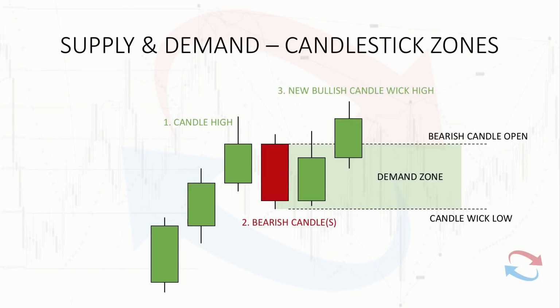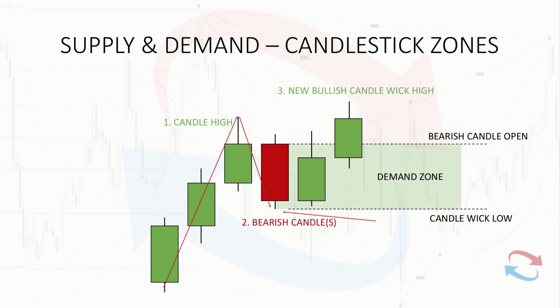Now, if we get a situation like this, we still draw the same thing. We get a high, we get a low, and even if this bullish candle's wick low is lower than the bearish candle's wick low, that doesn't matter. We would draw the demand zone from whichever candlestick has the lowest wick, because really that is the swing. Whatever candle has the lowest wick, that's where we would draw the low of the demand zone.